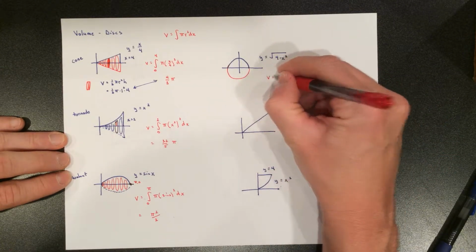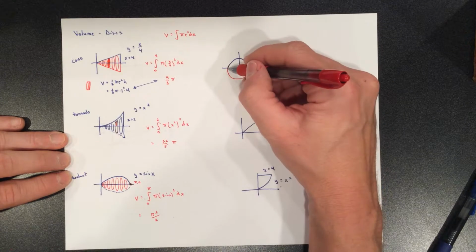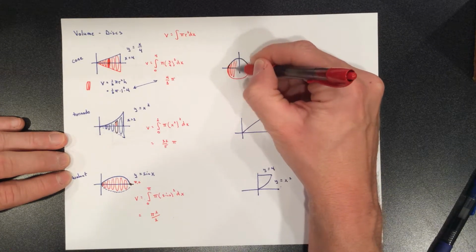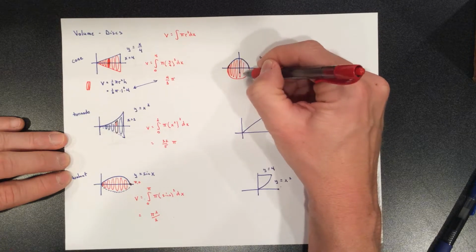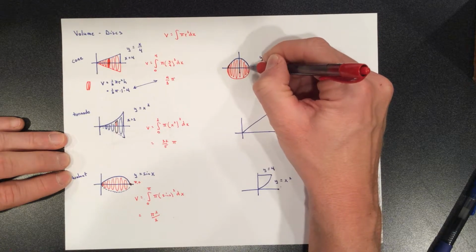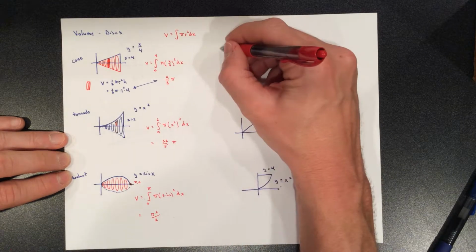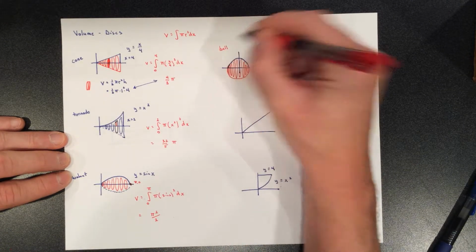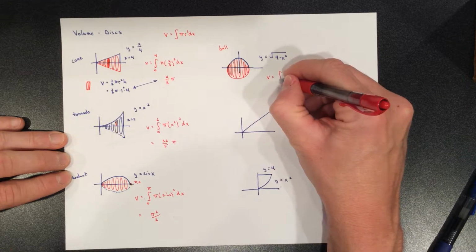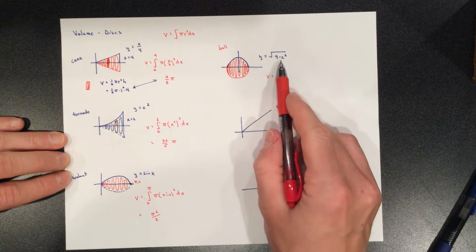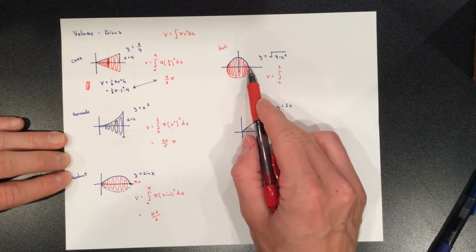It's still going to be the same thing. The volume, again, you might not think of a sphere, but you can take a sphere, and if you get enough of these disks perfectly, and you stack them, well, you get a basketball. Okay, so this is just a ball. And the volume is the integral, in this case from -2 to 2. And again, I know that because the radius of the sphere is 2.